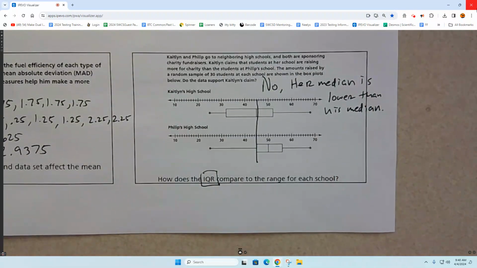Okay, how does the IQR? Does anyone remember what the IQR is? Yeah. Okay, and how do you find it? Okay, good. Anyone remember? Don't you take the average? No, there's no average on this chart.